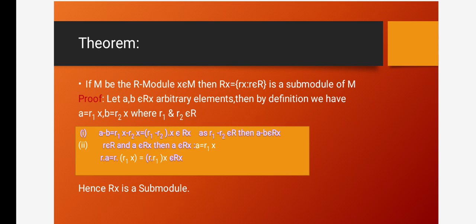If these two properties are satisfied, then R dot x is a submodule.